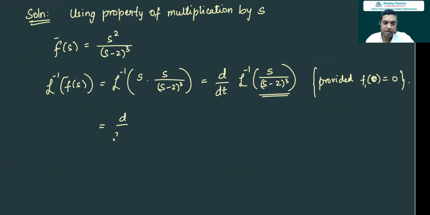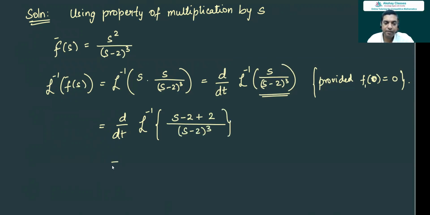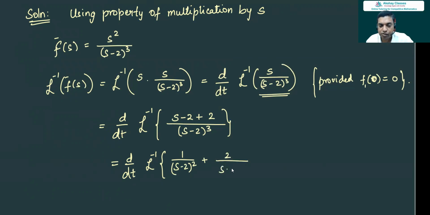Next again, we will have to do d by dt. We'll simplify Laplace inverse of, I'll write this as s minus 2 plus 2. This will help me to not deal with that s again. 1 by s minus 2 the whole square plus 2 by s minus 2 the whole cube.